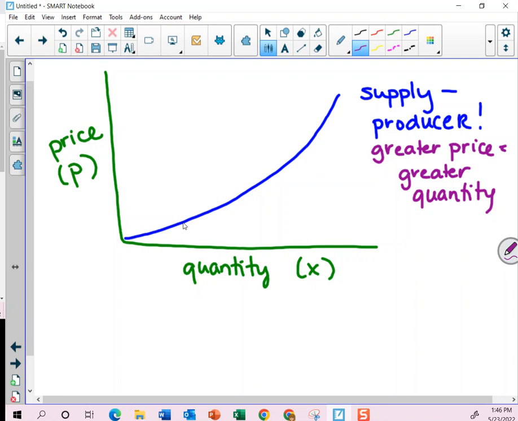I'm not maybe as motivated to make sure I have a lot of pencils to sell. But if I am buying those pencils for a penny and then I'm selling them for $1 a piece, the more I'm going to make. Therefore, the higher the price I charge, the more motivated I am to do a quantity.